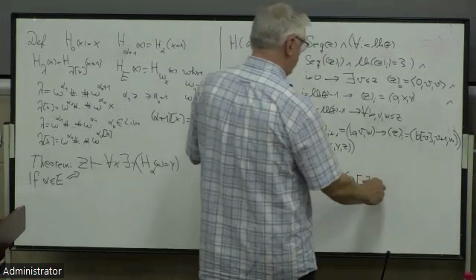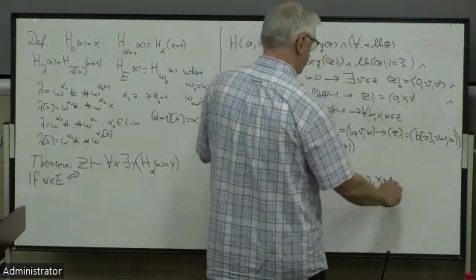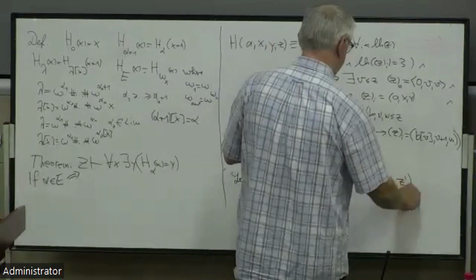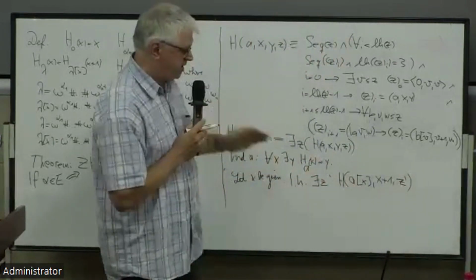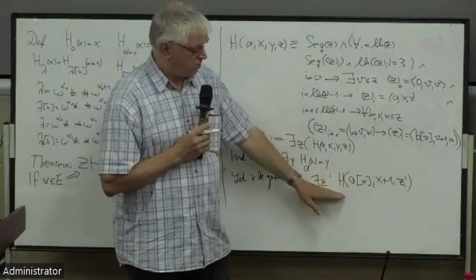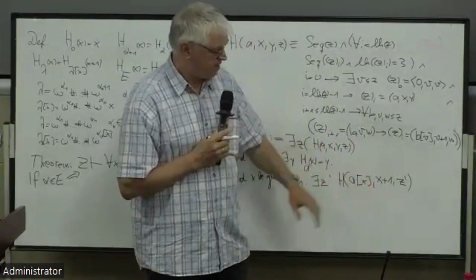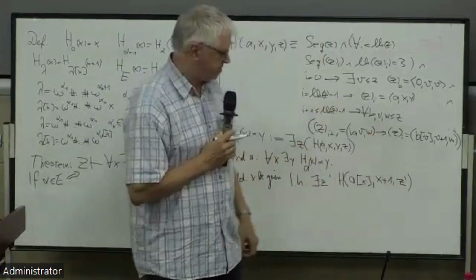For x, I now use x plus 1, and I obtain a z prime. Now this codifies the calculation of h alpha x. I get a sequence of calculations where the last entry is given by these elements.